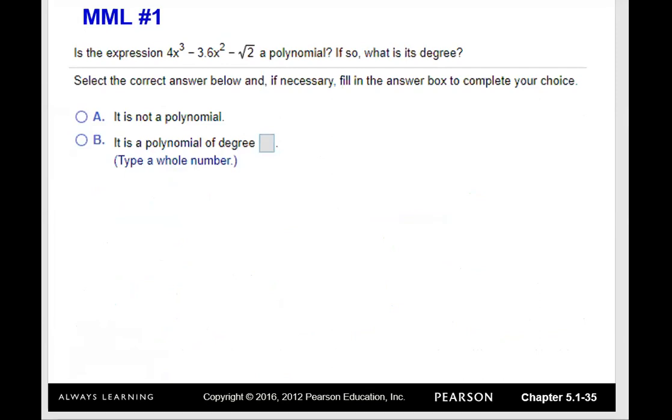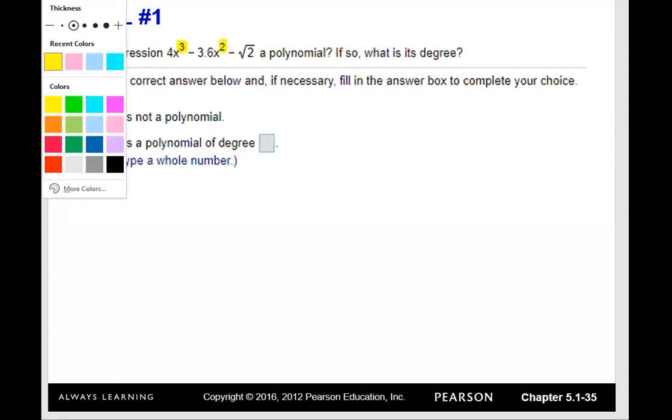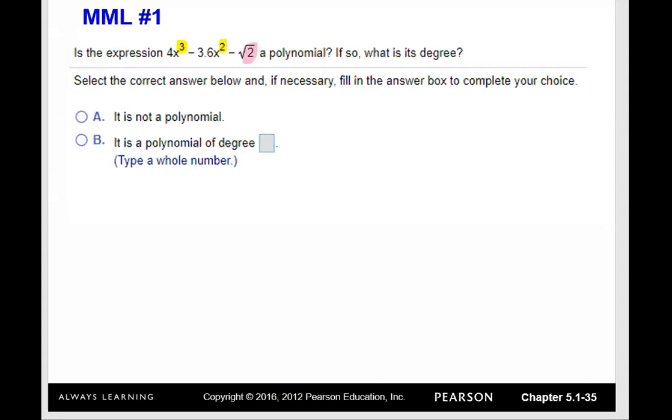All right. Number 1 says, is this expression a polynomial? And if so, what's its degree? I look at all the exponents. There's a 3 and there's a 2. Don't get confused and think that this guy right here has anything to do with it. Most people are like, oh, there's a square root in there, that means it's a power of 1/2. True, but there's no x on that. There's no x here.